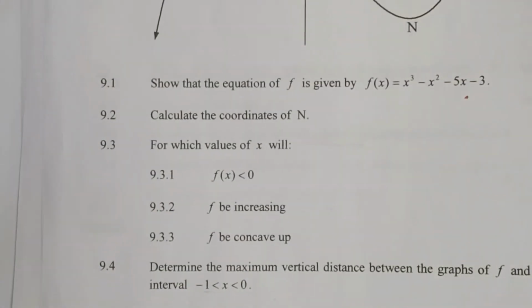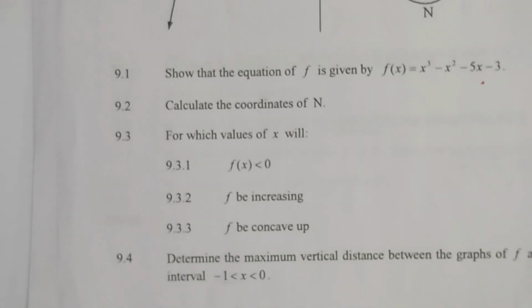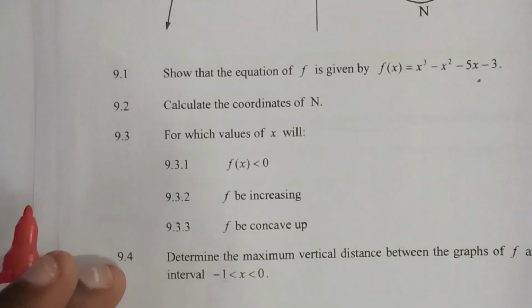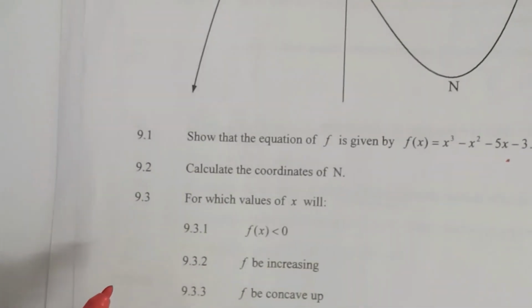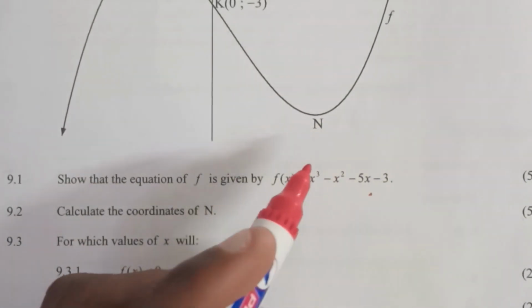So here they said we should calculate the coordinates for n. Let's calculate the coordinates for n. So here is n. Our n here is a turning point.